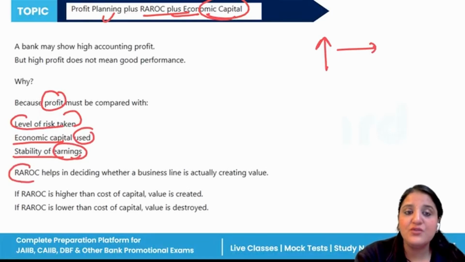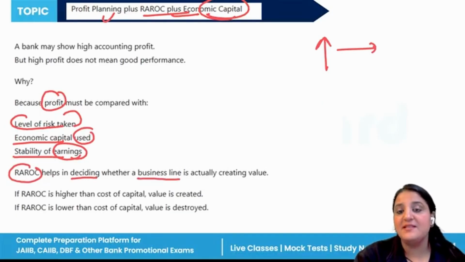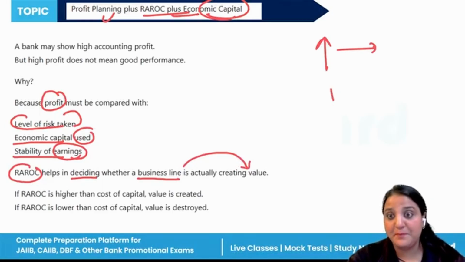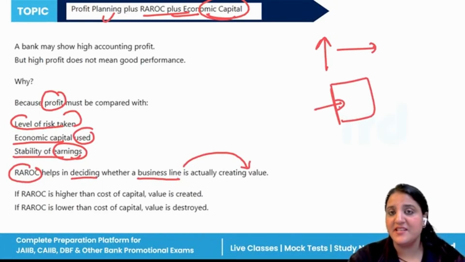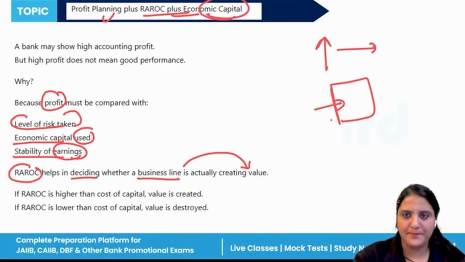RAROC helps in deciding whether a particular business line is actually creating enough value for the bank or not.